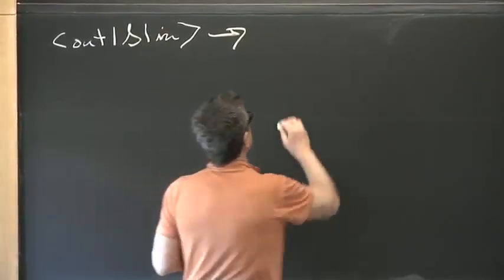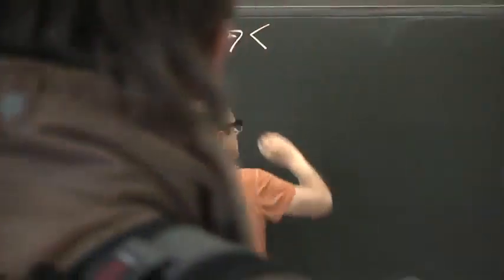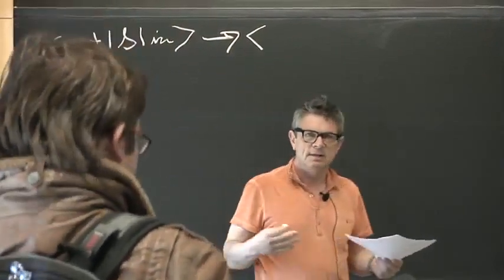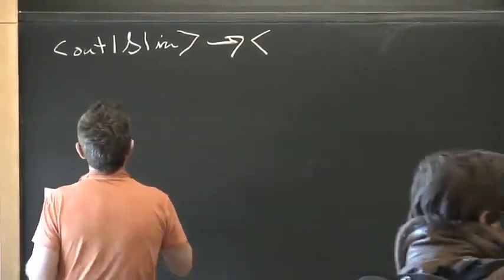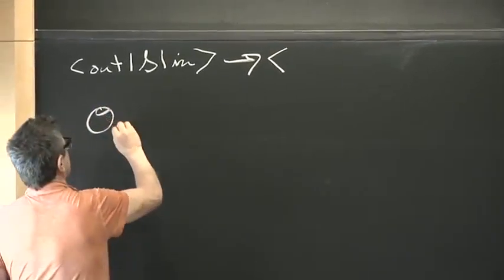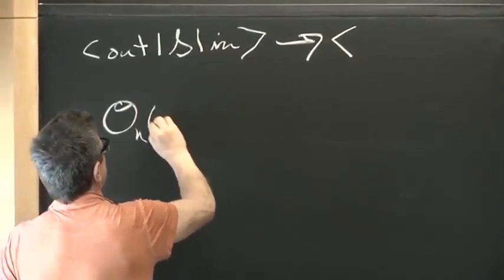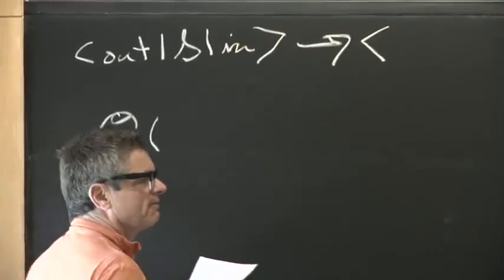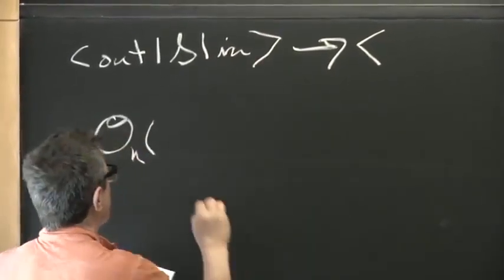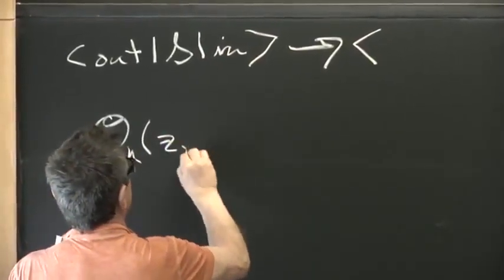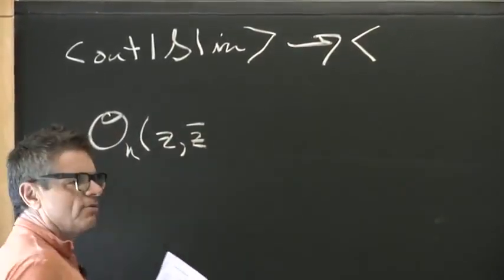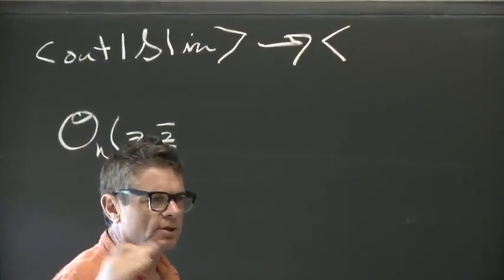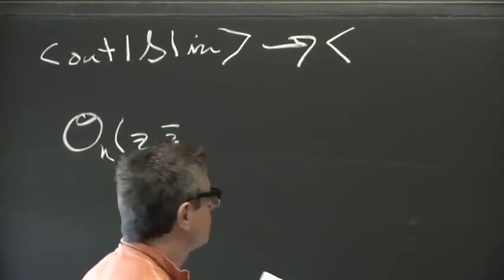we're just thinking about, for the kth incoming particle, that it is created by some operator O_k(z, z bar), where z and z bar for a massless particle denote the location where it comes in on the sphere.